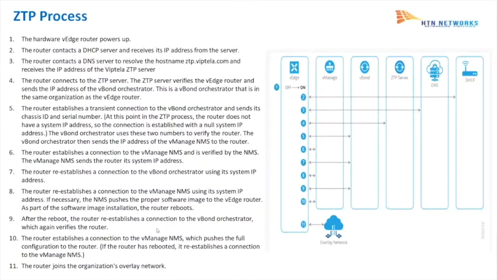It goes to the DNS server, which also gets its information from the DHCP server. Basically, the DHCP server provides the IP address to the vEdge router, and the DNS server IP address to the router.